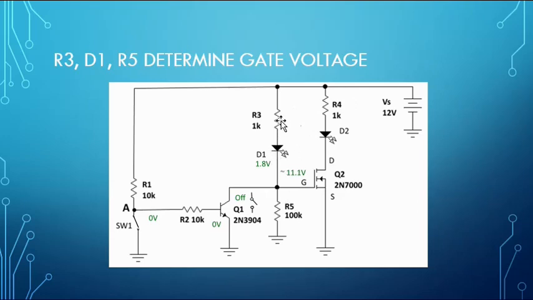Now, I have 11.2 volts across a resistor of 1K and another resistor of 100K. The 1K is about 1% the size of the 100K. So if this drops 1% of the voltage, we started with 11.2, 1% of that is 0.1. We're going to get about 11.1 volts over this R5, and that's what the gate voltage will be here, approximately 11.1.